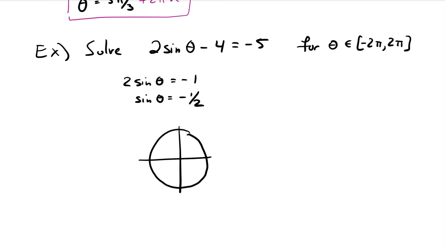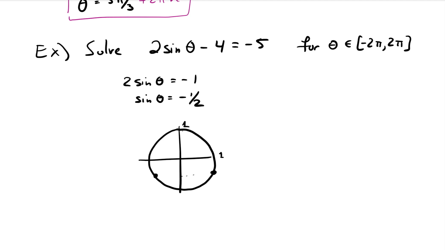So sine is minus 1/2. Sine is the y-coordinate, so the y-coordinate is going to have to be negative. Let me redraw this. This is 1, remember? So minus 1/2, we are here or here.